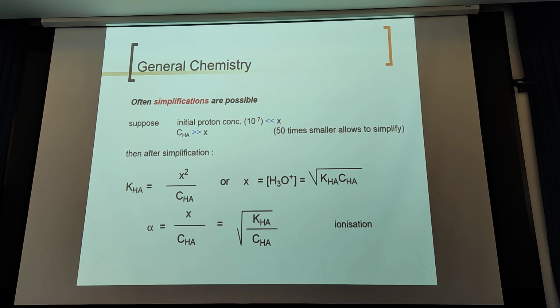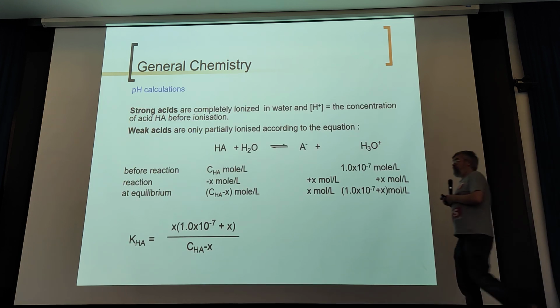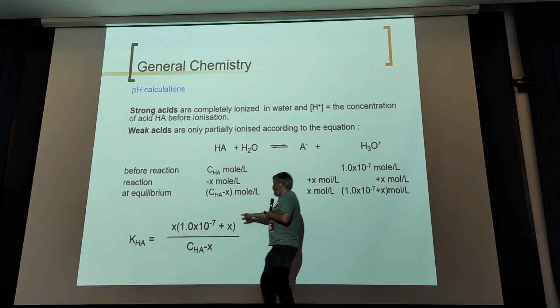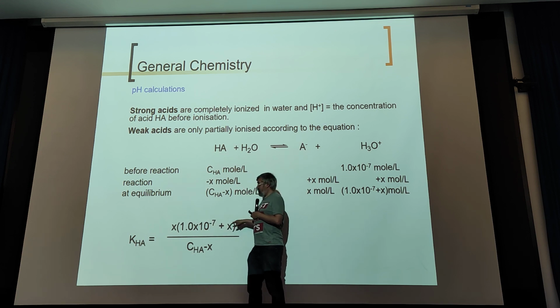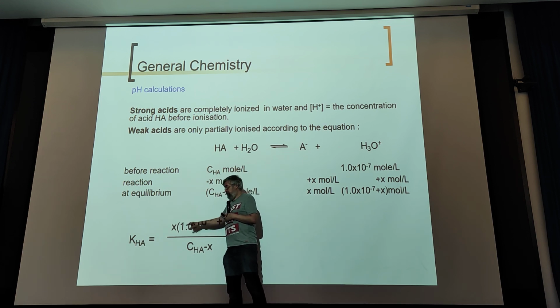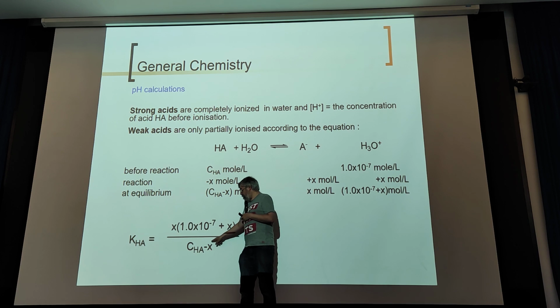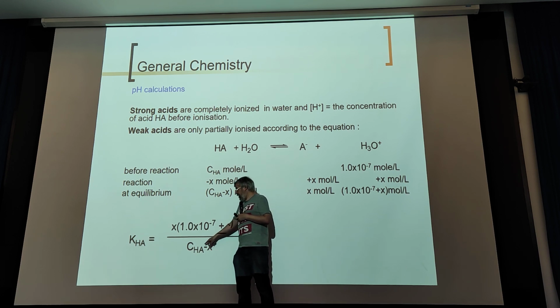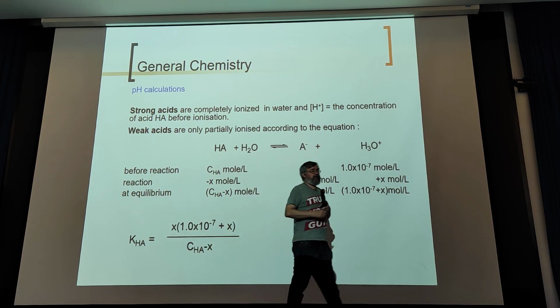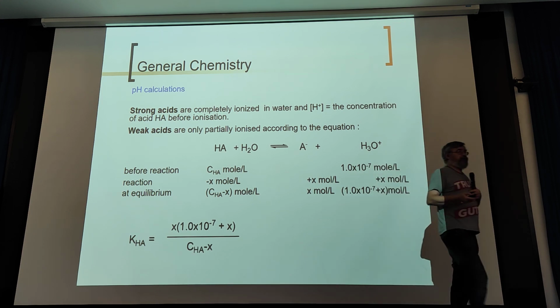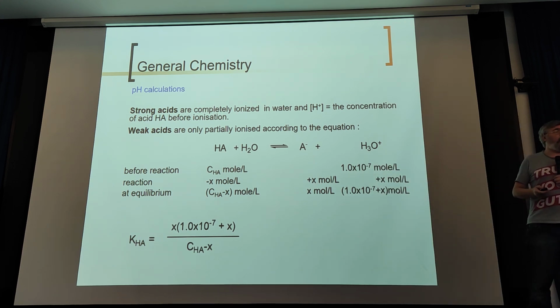In that case, this becomes a lot easier, because now this term is x, so we have x squared, and this term we omit x, so we have just the concentration of HA, and this is something that we know.